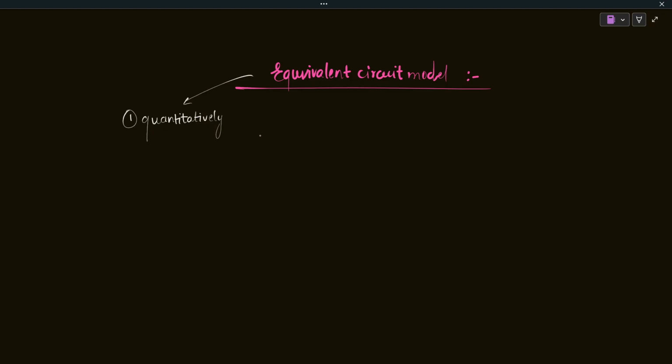So in this model, the key electrical properties of neurons are compared with components in electrical circuits. Let's say resistors, which are equivalent to ion channels. We'll discuss how.